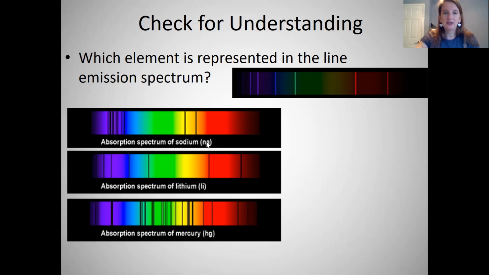So now we're between sodium and lithium. I can see that sodium is going to absorb some wavelengths of light in the yellow and orange that are not present in this emission spectra for the unknown. So it's going to have to be lithium, because the missing pieces of the line absorption for lithium are showing up in this emission spectra for the unknown.